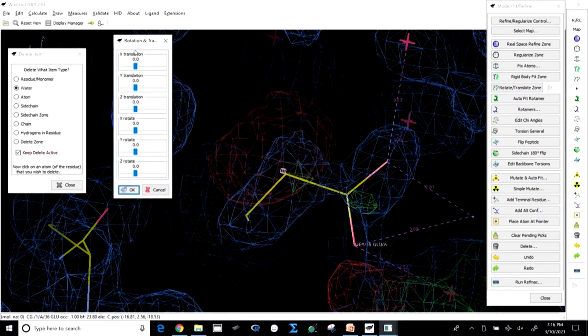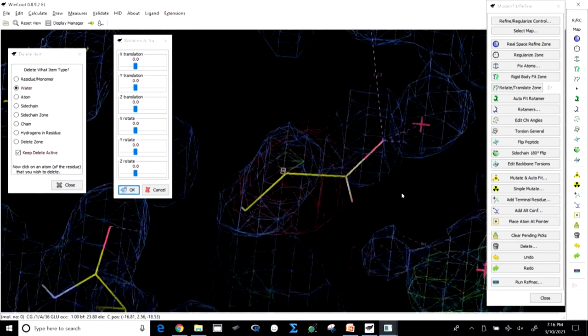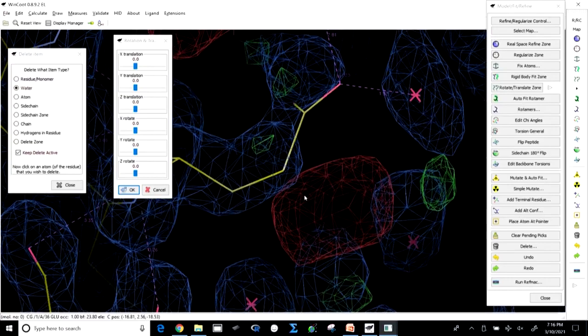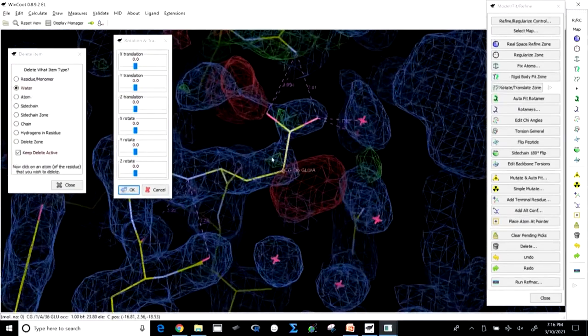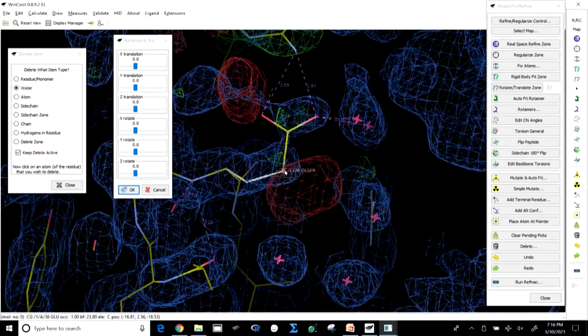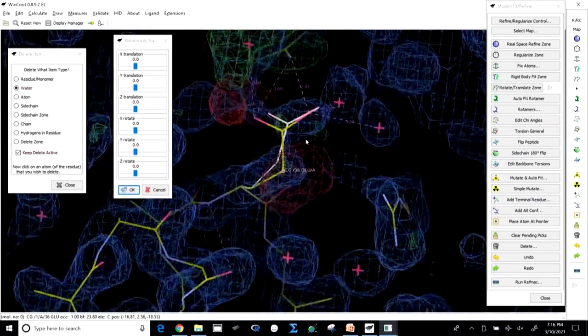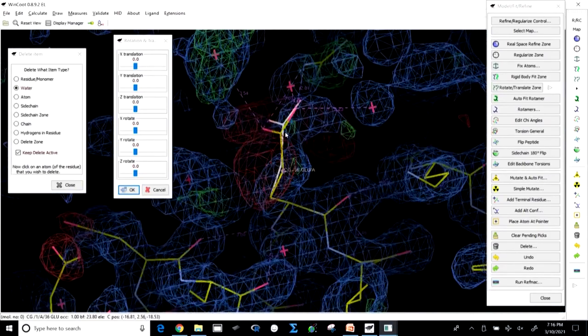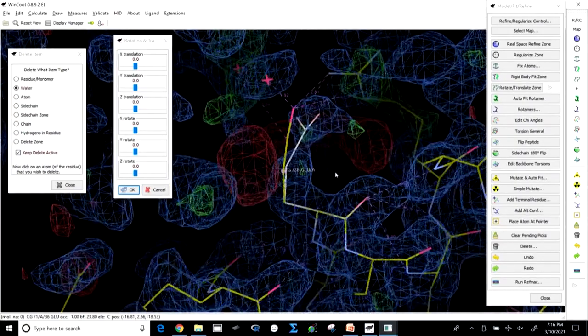Then you could rotate and translate, by using x translation, y translation, z translation, x rotation, y rotation, z rotation, or you could have another method. When you are becoming an expert, you could push control and directly push those residues, but when you are doing that you should be confident, you would be a good user.